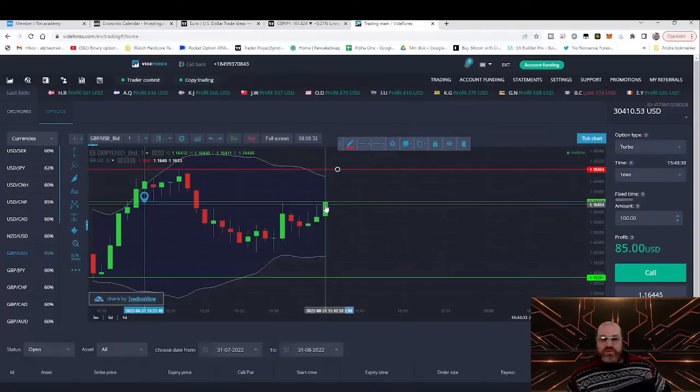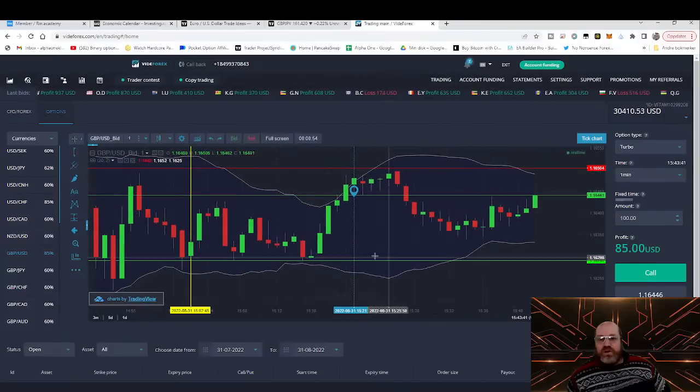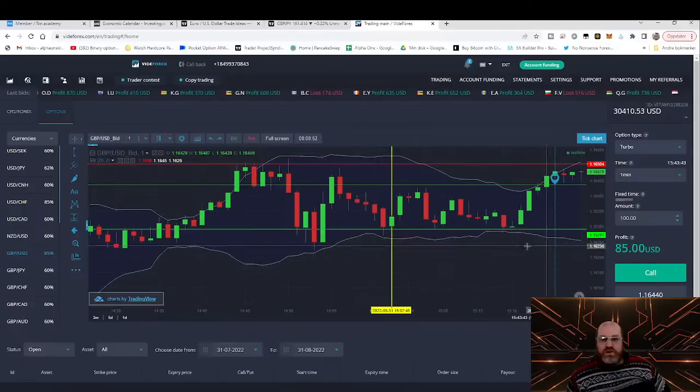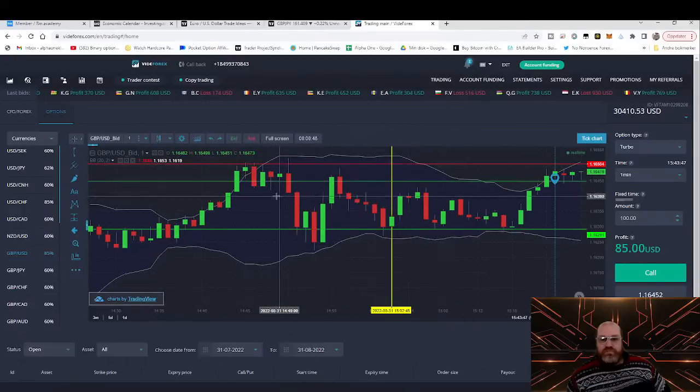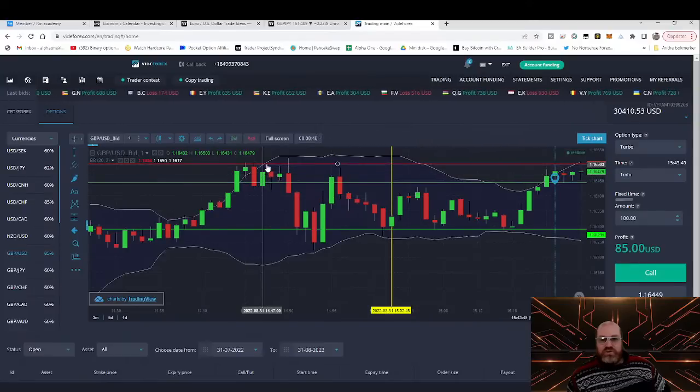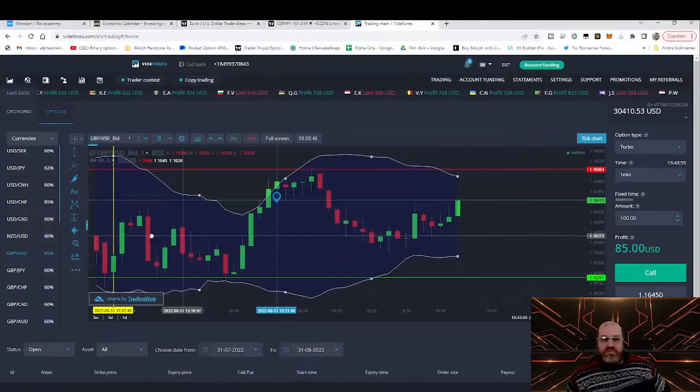So right now, if this shoots up to the red line, we can easily take a put trade, and the win rate is super high. You see here, this one touched it, went down, and we would have won. This one, again, touched it and went down. Now the Bollinger Band is above, so we will not take any trade here.